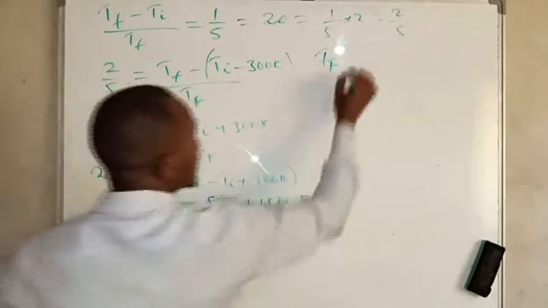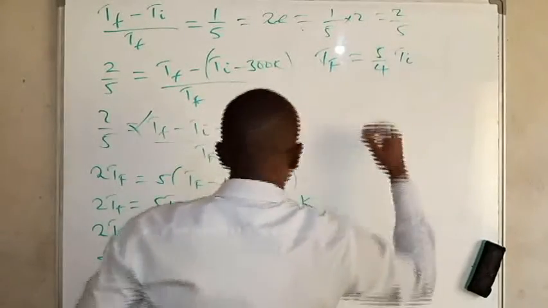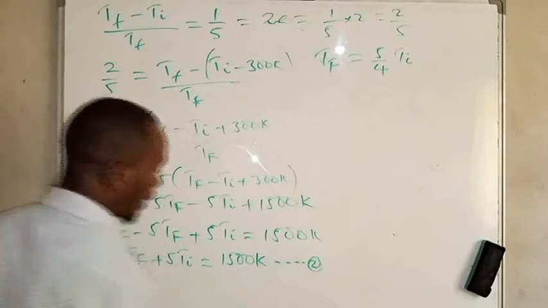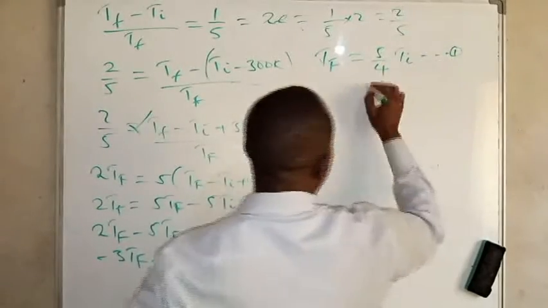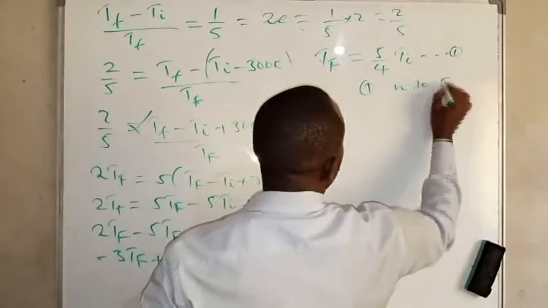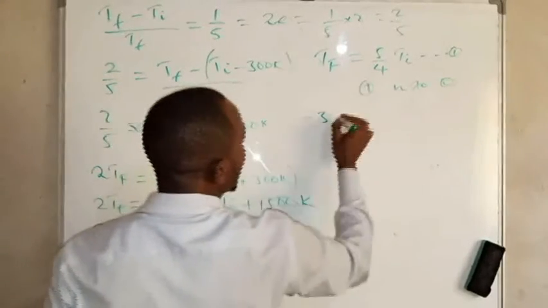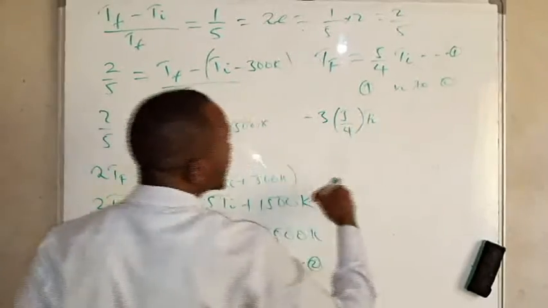From the first equation, we know that Tf is equal to 5 over 4 Ti. So substituting equation 1 into equation 2, we get negative 3 times 5 over 4 Ti.